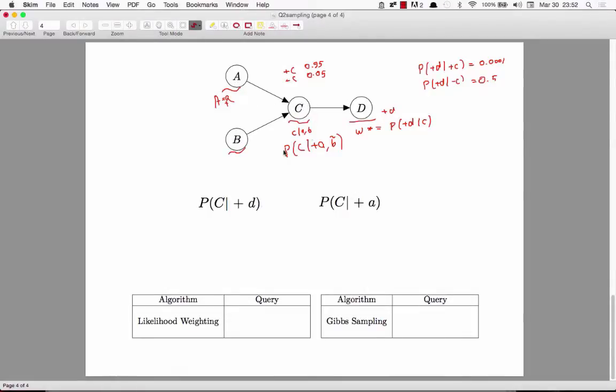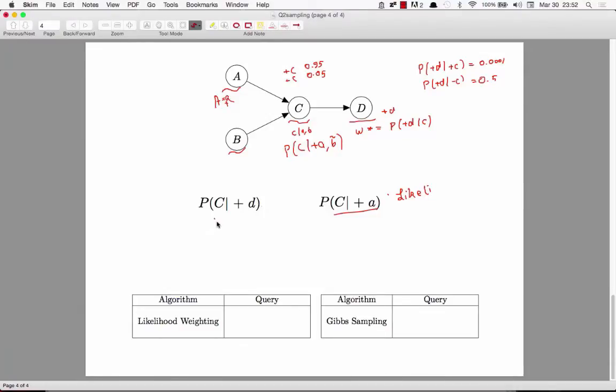So here you don't run into the problem that you were running into before. For this case where the evidence is already there upstream, when you sample the query variables in general, you're already taking the evidence into account. So it's really convenient to use likelihood sampling.